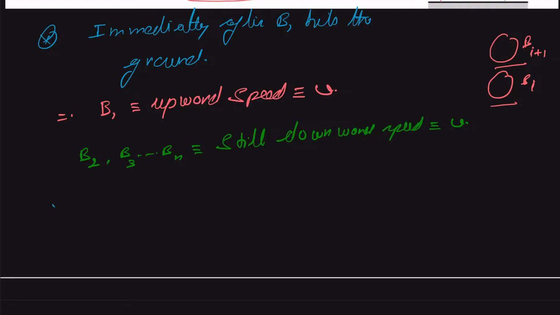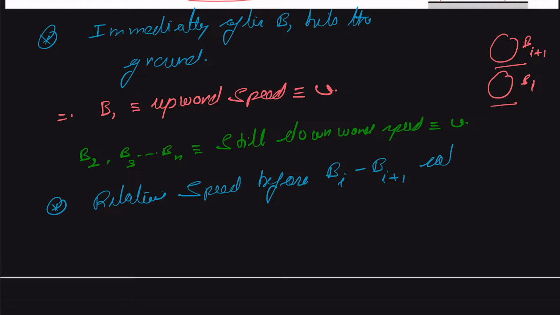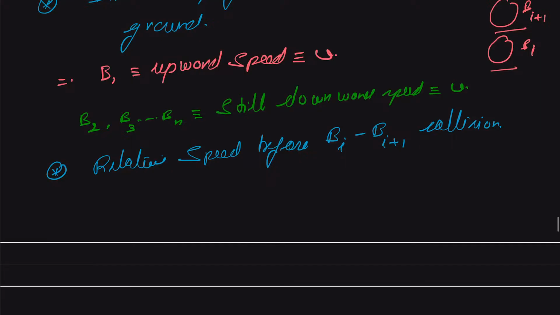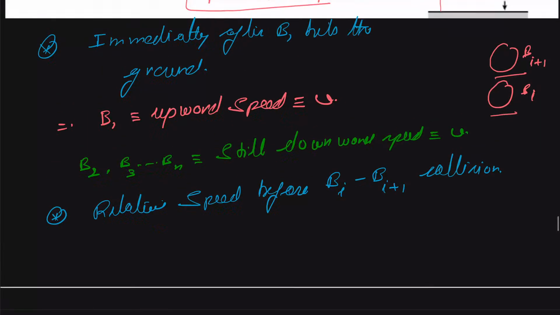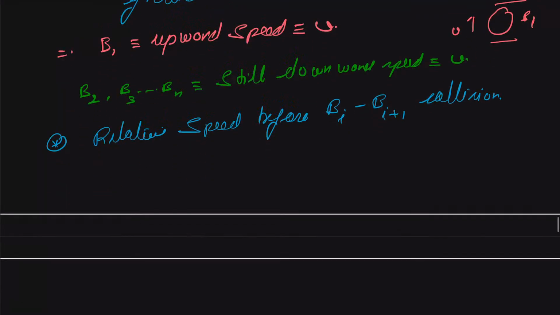Let us write the relative speed before the bi and bi plus 1 collision. We know that bi is moving upward with velocity v, and bi plus 1 is moving downward with velocity v. There is no doubt about it.